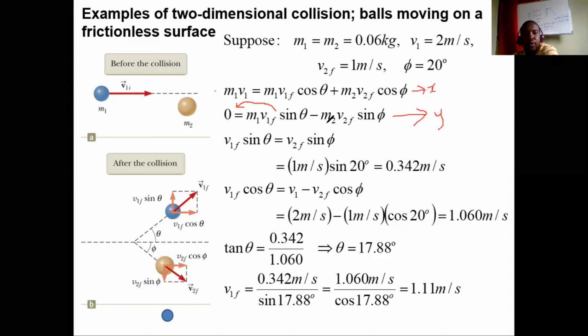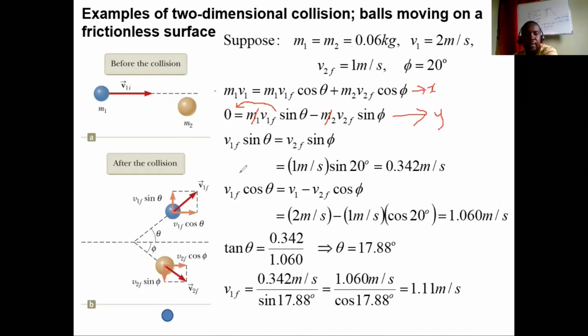Now m1 and m2 are the same from our question, so we can cancel both masses out. So we are left with v1f sine theta equals v2f sine of the angle, right? So we have v2f, which is 1, times sine of your angle, which is 20, which gives us 0.3234 meters per second.